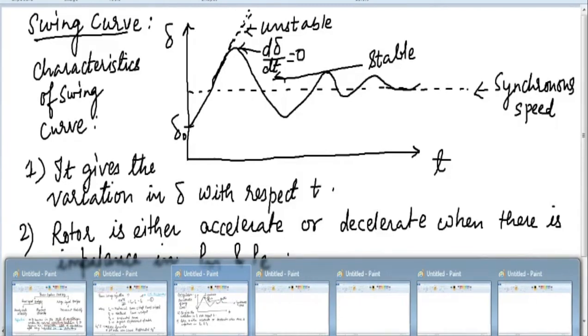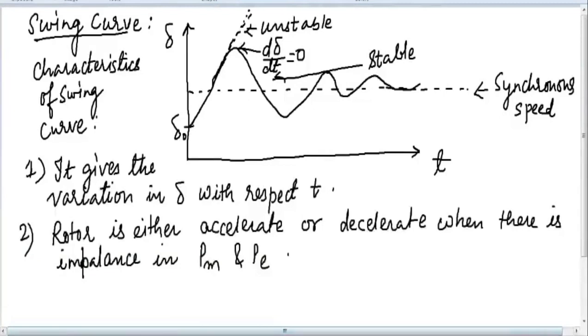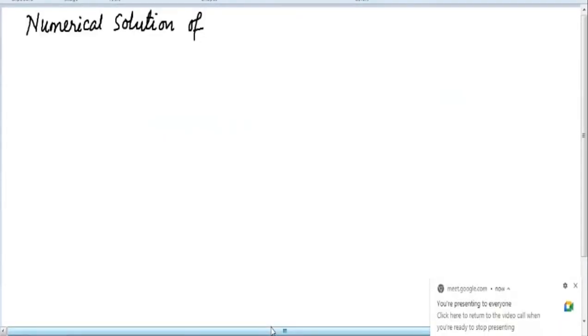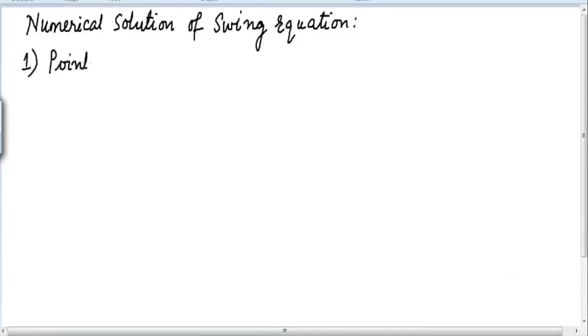Okay. So now let us start with the topics of this semester. Numerical solution of swing equation. There are various techniques with the help of which we can solve this swing equation. I will write them one by one here. The first technique is point by point method.